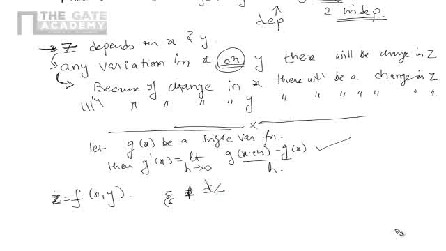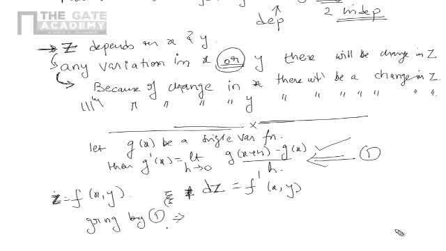Dz means I am differentiating f of x, y. What do we mean by this? Let me call this as 1. Going by 1, what do we get? F dash, that is my dz, is same as f dash of x comma y.